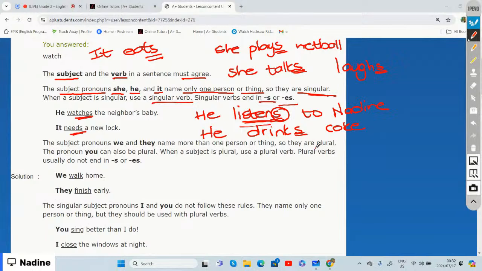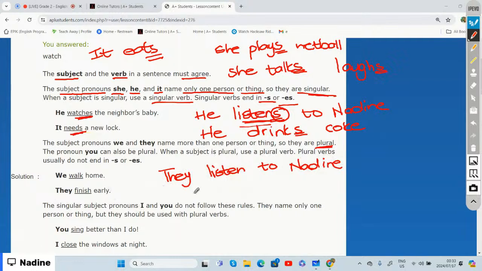All right. But now, if more than one person does something, we say that is plural, because it refers to more than one person doing something, right? Instead of saying you, we are going to say they, or we're going to say we, or refer to the two of you as you. Then our verb is not going to end with an S. We are only going to say they listen. No S, only they listen to Nadine, right?